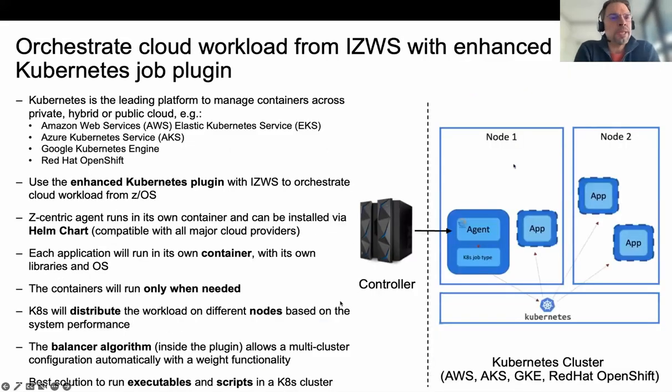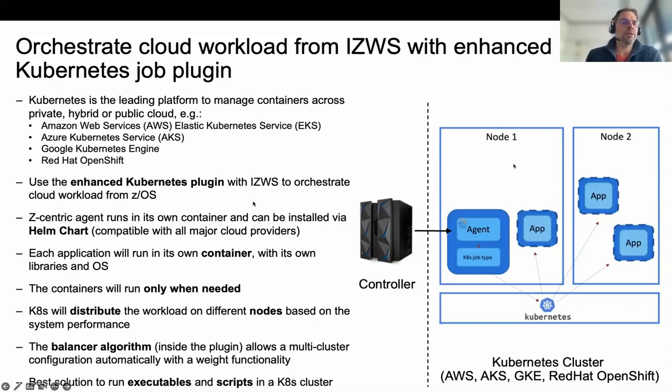We have also shipped a new version of the Kubernetes job plugin. Kubernetes is the leading platform to manage containers across private, hybrid, or public clouds. For example, all the major cloud providers like Amazon Web Services, Azure Kubernetes Service, Google Kubernetes Engine, and Red Hat OpenShift are all based on Kubernetes.